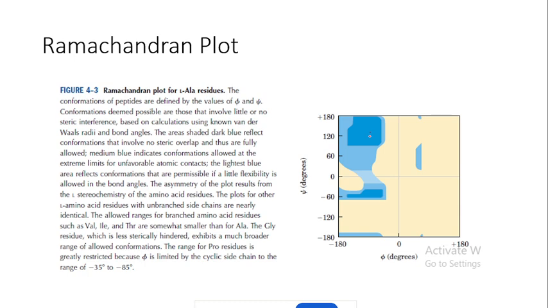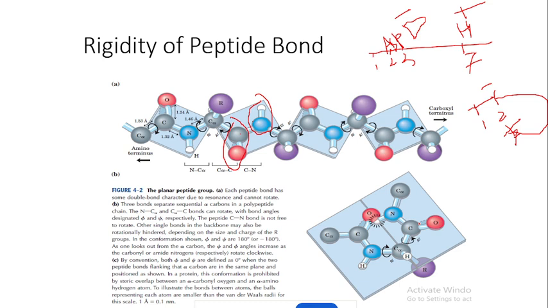So in a protein, the phi and psi combination determines whether a stable conformation can exist. The Ramachandran plot tells us the range of psi and phi values where the protein can take a stable conformation. Any doubt here?